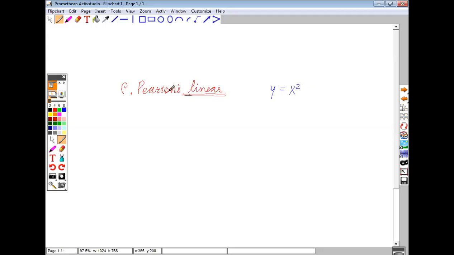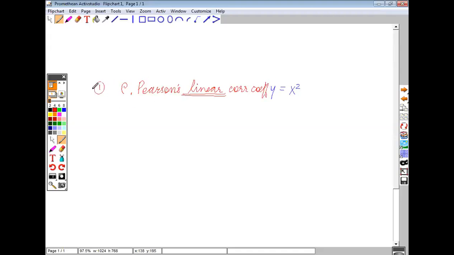Because this coefficient only tells you about the linear dependency, the non-linear x squared wouldn't be captured in this value of rho. That is one of the disadvantages, but it is quite helpful and very simple when you only have to take into consideration the linear correlations. So this is used for linear correlation coefficient.